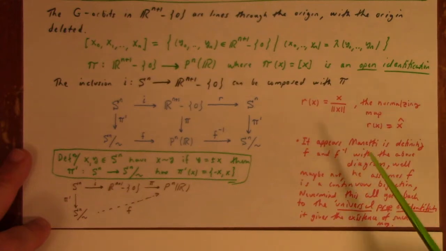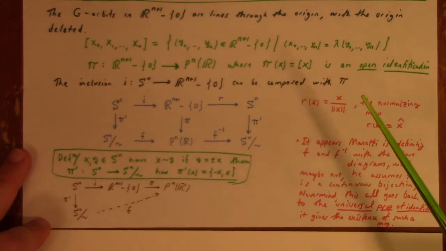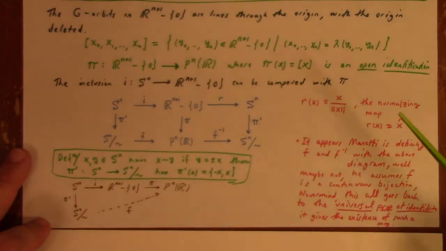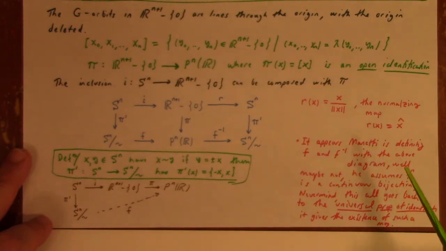He doesn't give you a formula for f on this page in section 5.4. He just starts talking about it, and it's like, well, what's f? At first I thought that Manetti was defining f and f inverse by the diagram, and that's in some sense true, but I think what he's actually doing is using the universal property of identifications, which gives the existence of such a map.